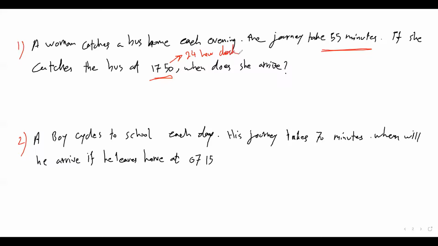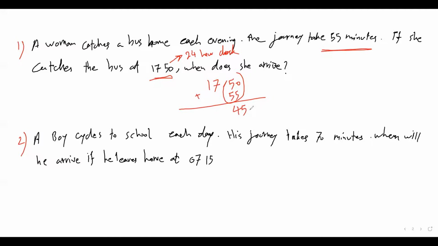So it's all right. And you just have to add 55. So 1750 plus 55. Here we get 105, but subtract 60 from it. That leaves us with 45.